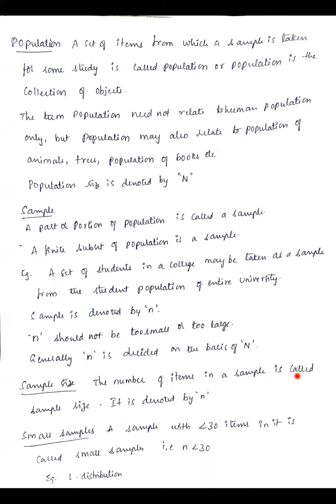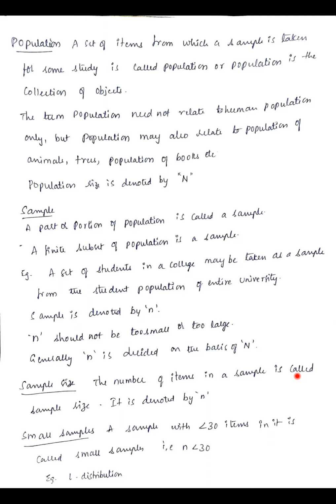That means a population is a group of objects, a collection of objects, and we'll call it a population. This term population need not relate only to the human population, but may also relate to the population of animals, trees, or books. For anything, a set or collection of objects we can denote as a population.